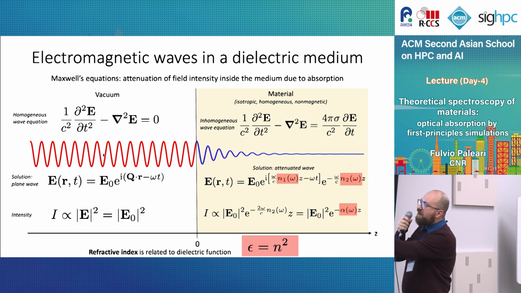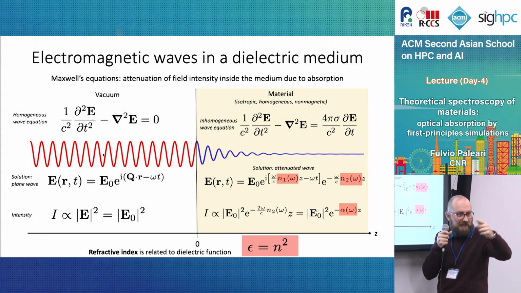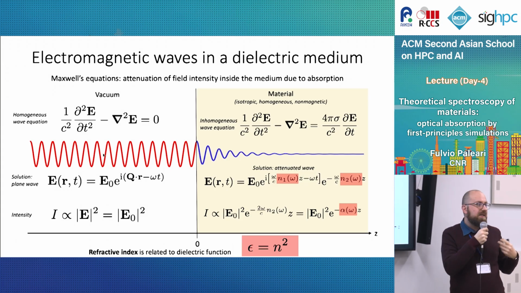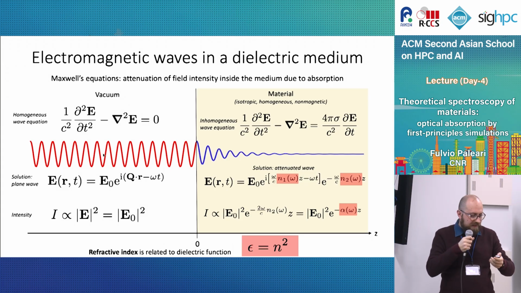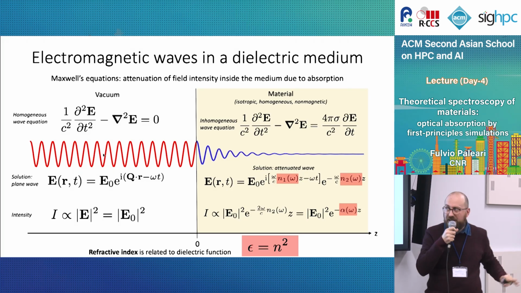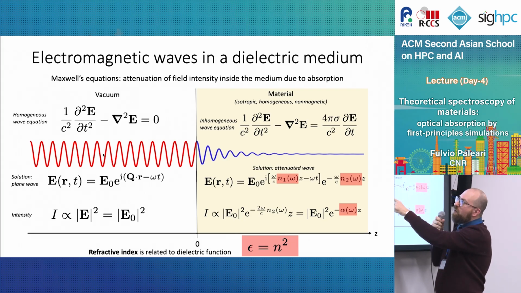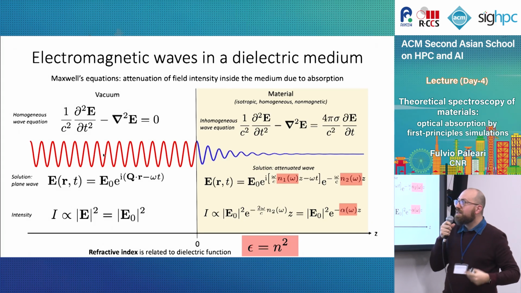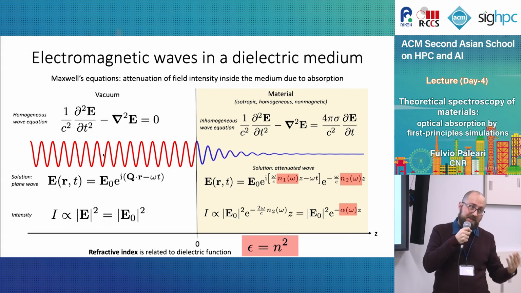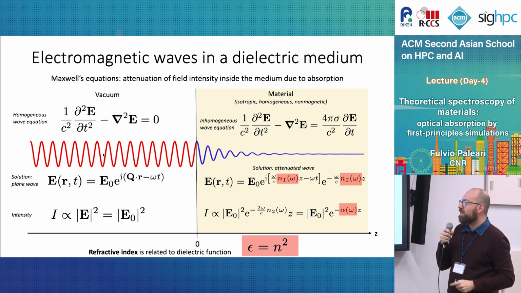So we have a kind of plane wave part, you see, e to the i, oscillating sinusoidally, with this n. This is the refractive index. It seems something different, but in reality it is always related to the dielectric function. And the difference between this and this is that the wave vector of the light here is different. And basically this means that the light inside the medium travels at a different speed. Not the speed of light, but c divided by n. This is known.